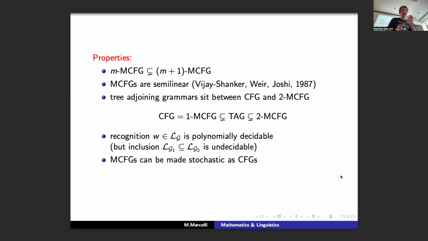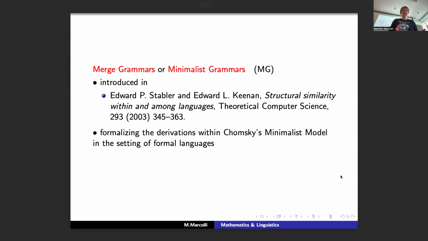The point is that these are actually equivalent in terms of generative power, but not in terms of computational complexity. There's a distinction there, but they are equivalent to a computational form of minimalism. So this was a way to show that this step from formal languages to minimalism is again a way to capture going beyond the context-free case just enough to account for structures in language that are not expressible by the context-free case.